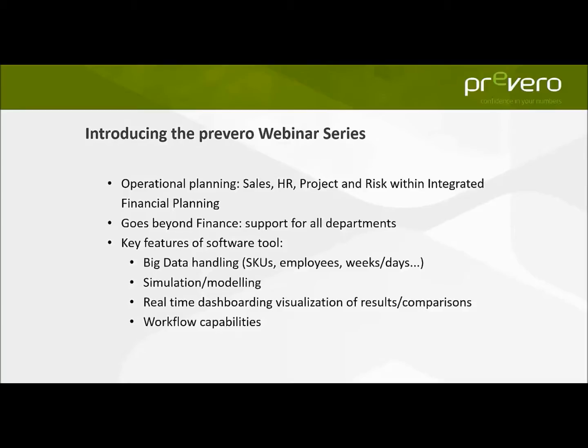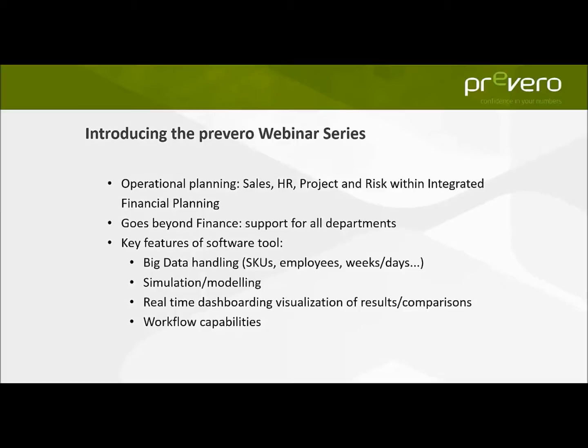A characteristic of operational planning is it goes beyond finance. So operational planning can be a real support for many departments and a good way to interact with finance and have a bit more insight of the business model within each department.